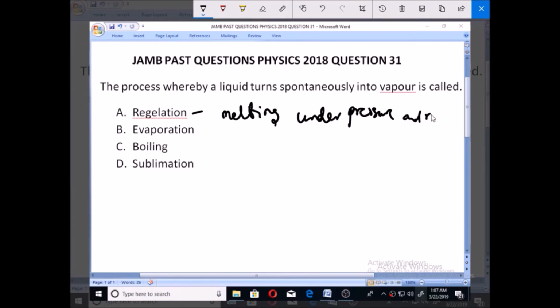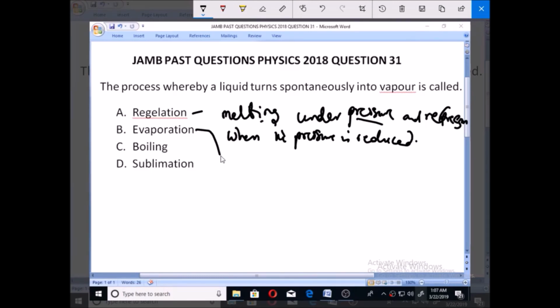And not just melting, there is also refreezing, whenever the pressure is reduced. So regelation happens due to pressure, and there is melting and refreezing. That is what regelation is.